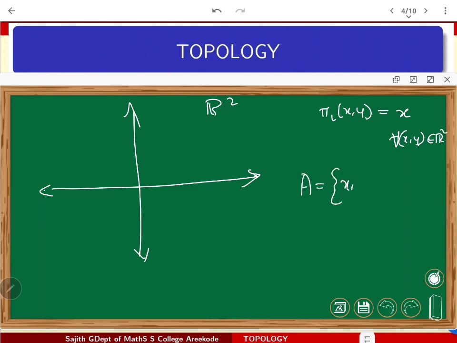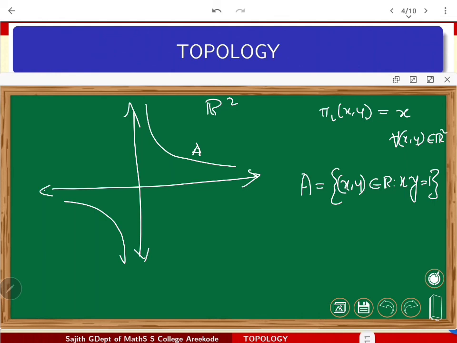This consists of all the points (x, y) in R2 such that xy equals 1. Xy equals 1 means basically y equals 1 by x, that is the rectangular hyperbola you will get, right? That is what xy equals 1 is. So this is my A.